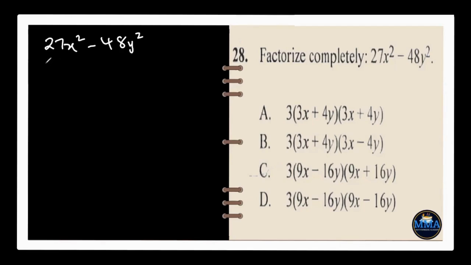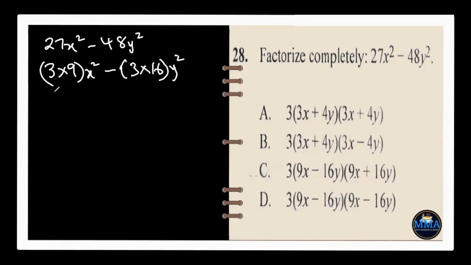So we can look at using 3 times 9 will give us 27. We have y squared here. We can get 16 as a perfect square here. So if we use 3 times 16, of course, a perfect square is a number that has a square root.